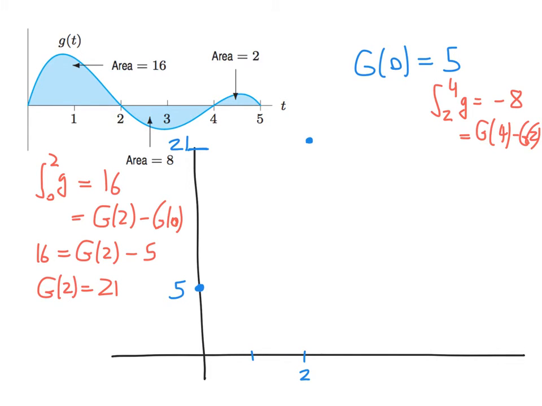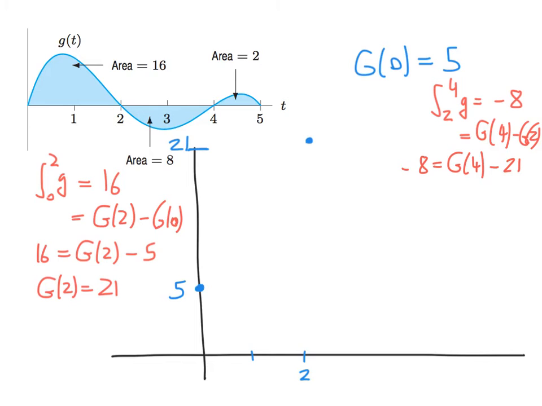Again, we can now combine this, as we did here, into one equation. So that would be minus 8 is equal to g of 4 minus g of 2, but we've computed g of 2, namely it's 21, so minus 21.